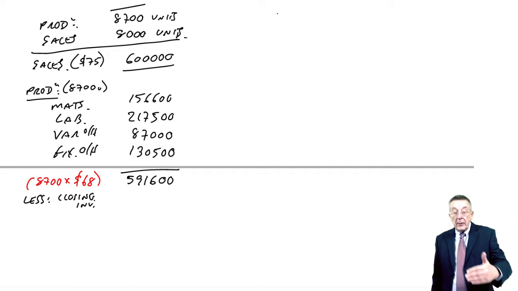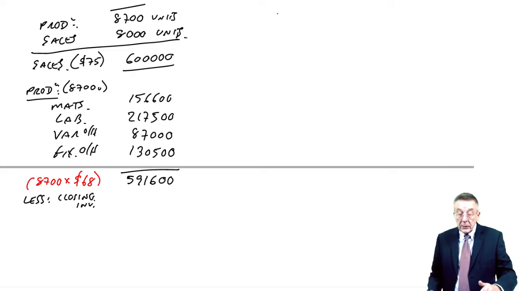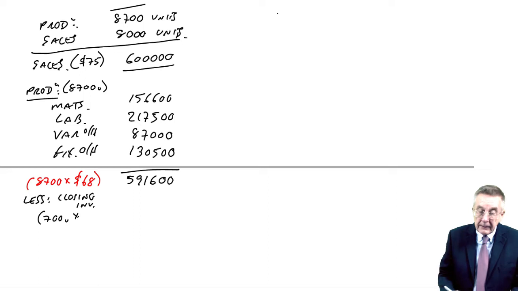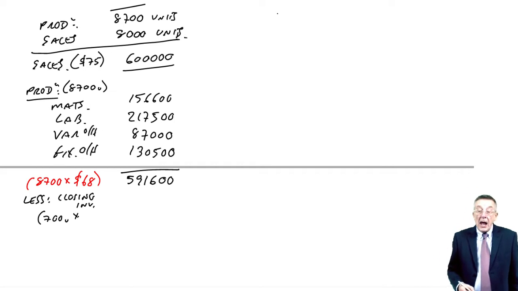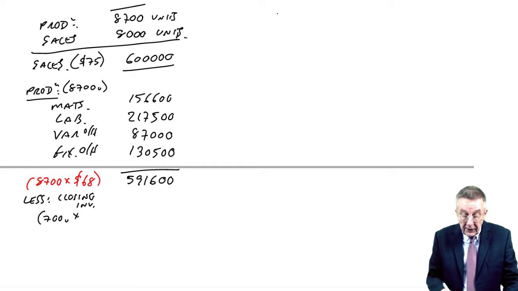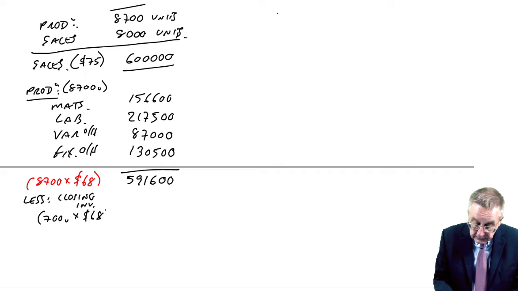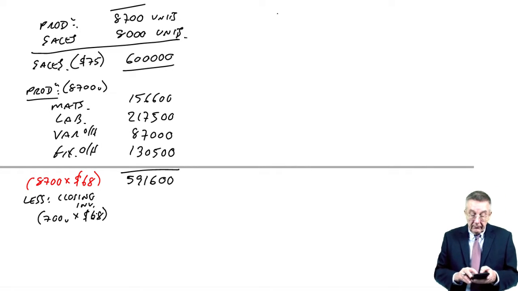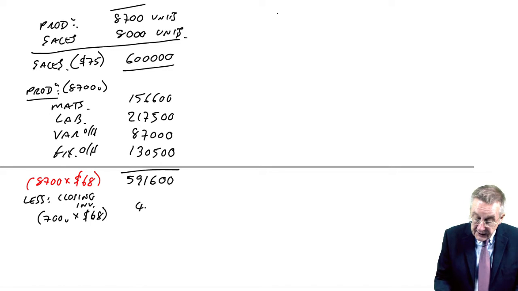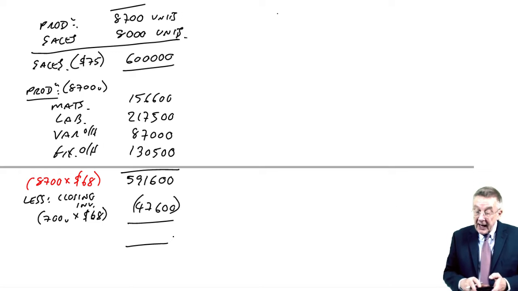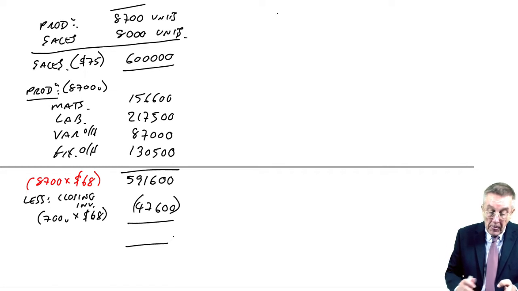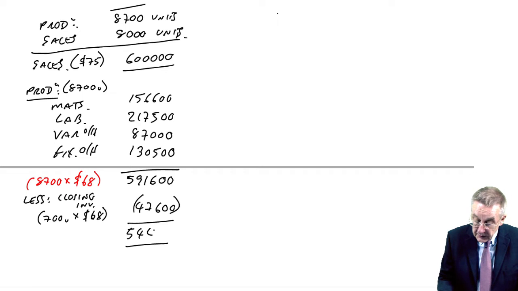We said earlier, if we produce 8,700 and only sell 8,000, there's 700 units left. And the cost per unit, the standard cost, is 68. That's $47,600, which gives the cost of sales of 544,000.